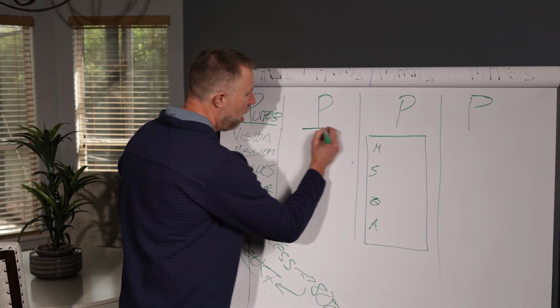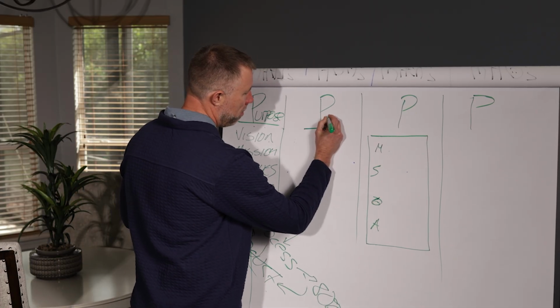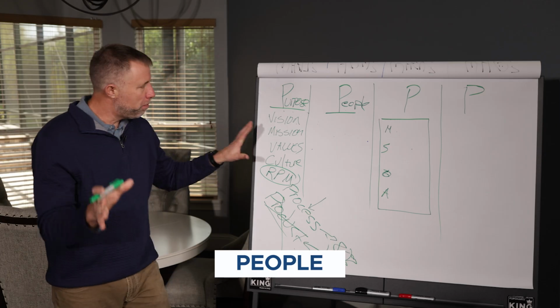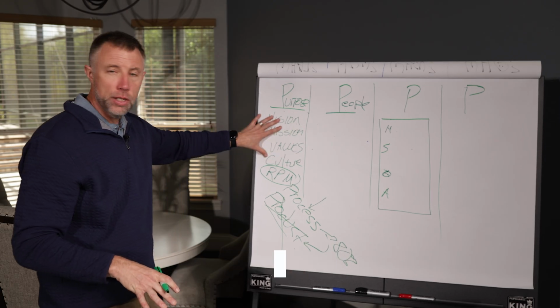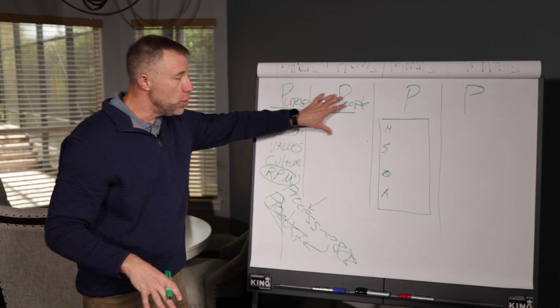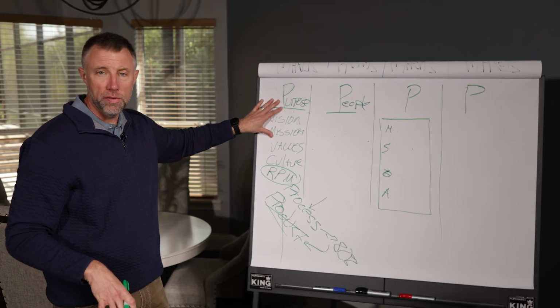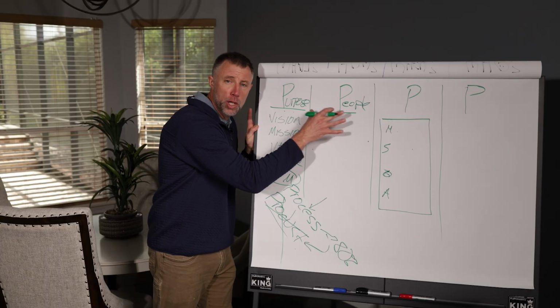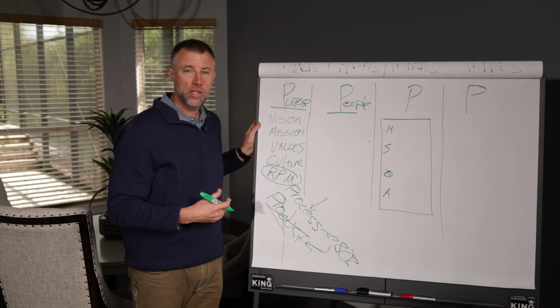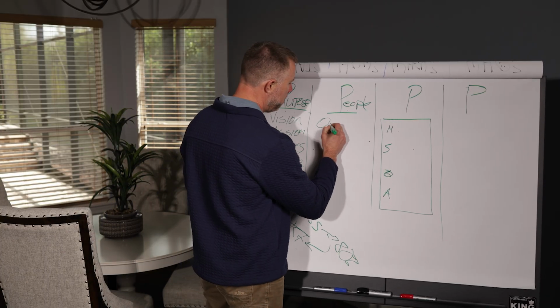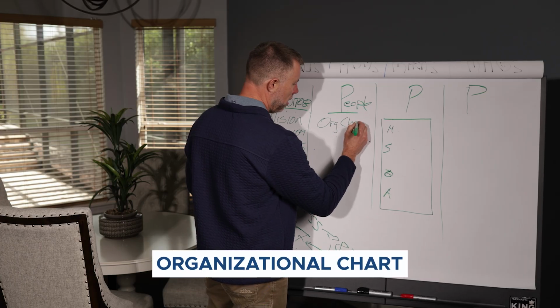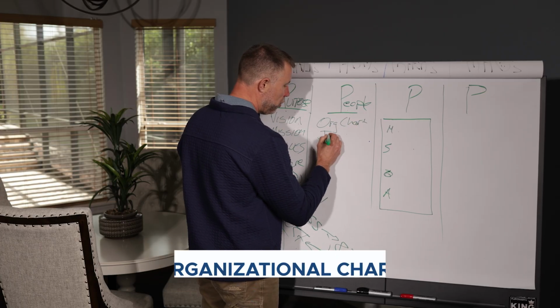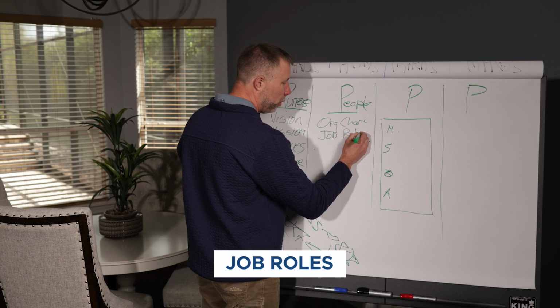Now, the second of the 4 Ps is people. And so when we look at people, the people are going to be able to help us get to the vision. But we're not using them just to get to the vision for our own device. The people are actually baked into the vision so they draw value as well. And so when we're building the system of our business, when we think through people, we need things like org charts. We need things like written job roles that are clear and not just pulled down from Google.